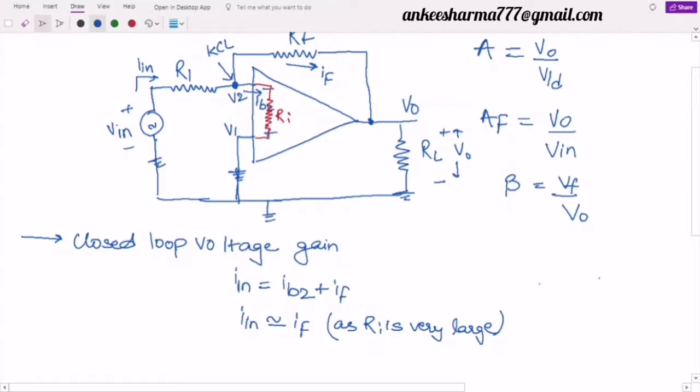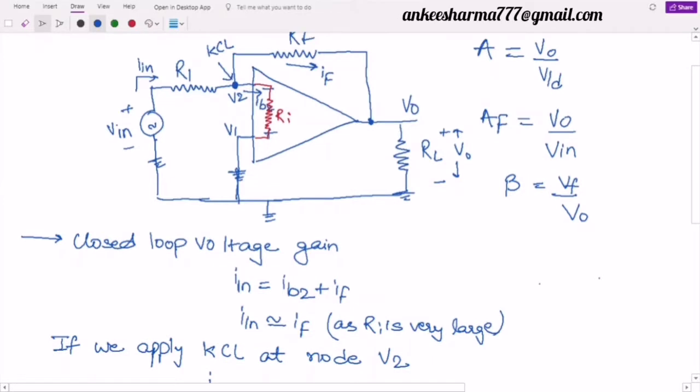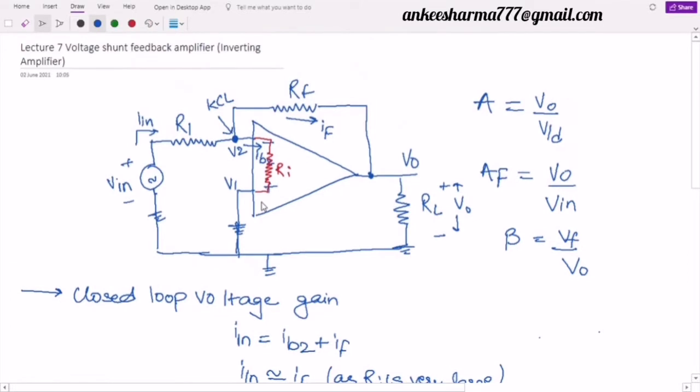So if I apply KCL at node V2, we will assume that this current I in is incoming. I can write it as minus I in plus IF, and it must be equal to 0, or simply I in is equal to IF. There are many ways of writing this KCL equation. The simple one is this: incoming current is I in, outgoing is IF, because IB2 is almost equal to 0.